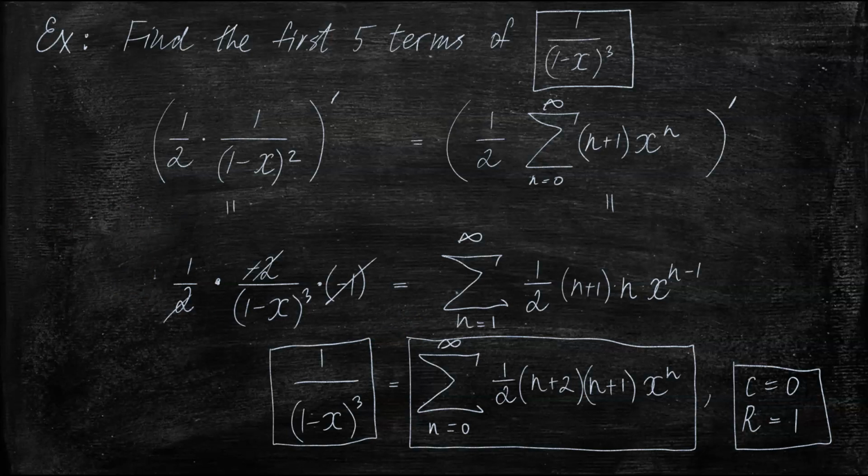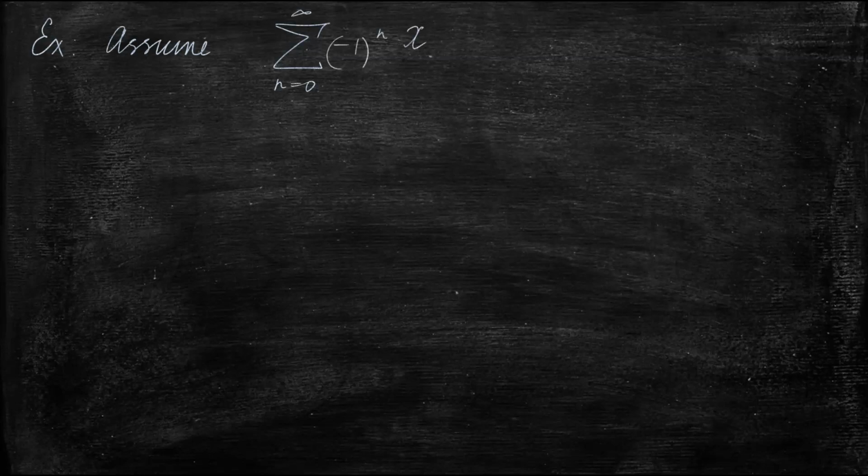Now, another good exercise here could be doing the following. If we assume, we don't know that yet, but if we assume that the following series converges to cosine of x everywhere, right?